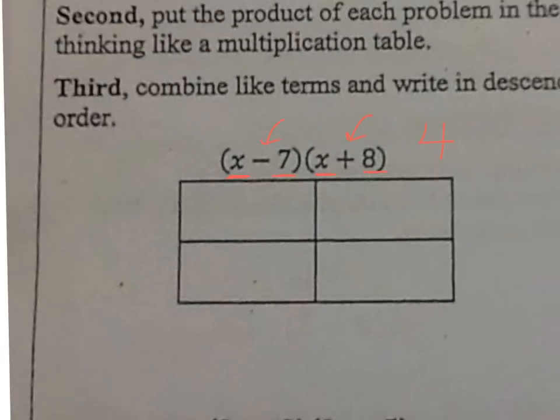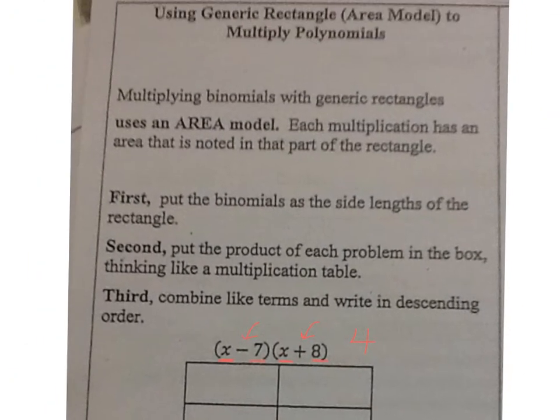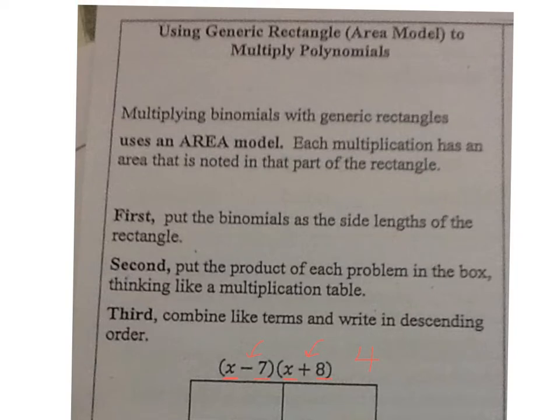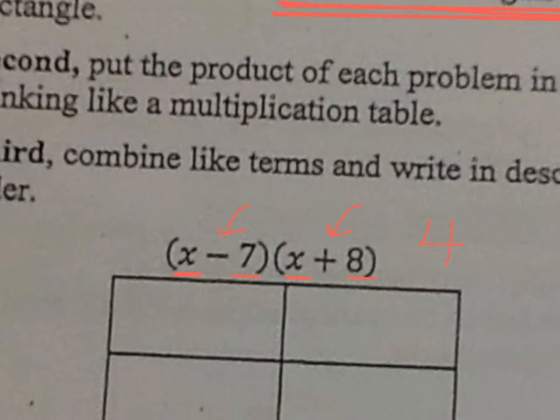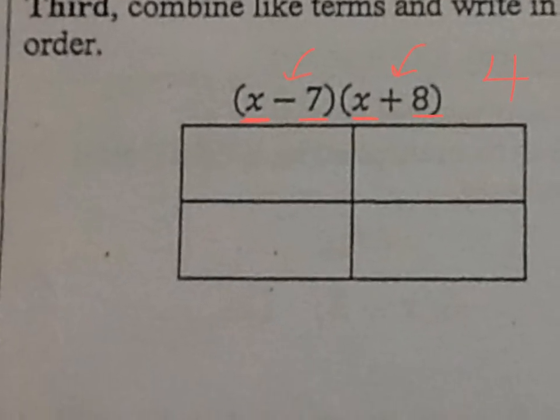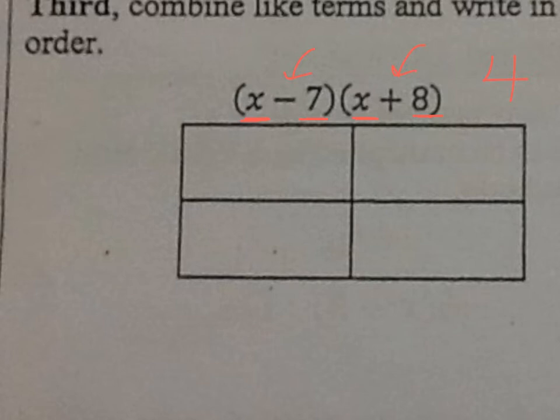So what the instruction tells us is we're going to use those terms as the side lengths of the binomial. The binomials are the side lengths of the rectangle. So I'm going to pick a little green here. x minus 7, I'm going to write like that, and then x plus 8 on the other dimension.